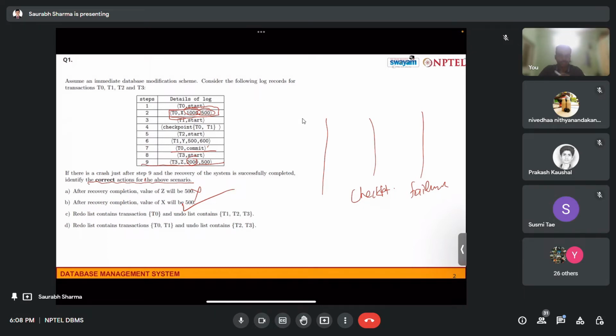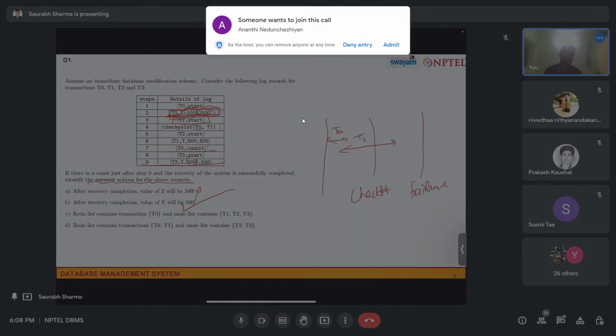So just create a timeline. Before this checkpoint, there is T0 which was actually completed and T1 was started. If we consider it as the initial line, T0 was completed and then T1 was started. T1 wasn't completed, but there was a checkpoint.